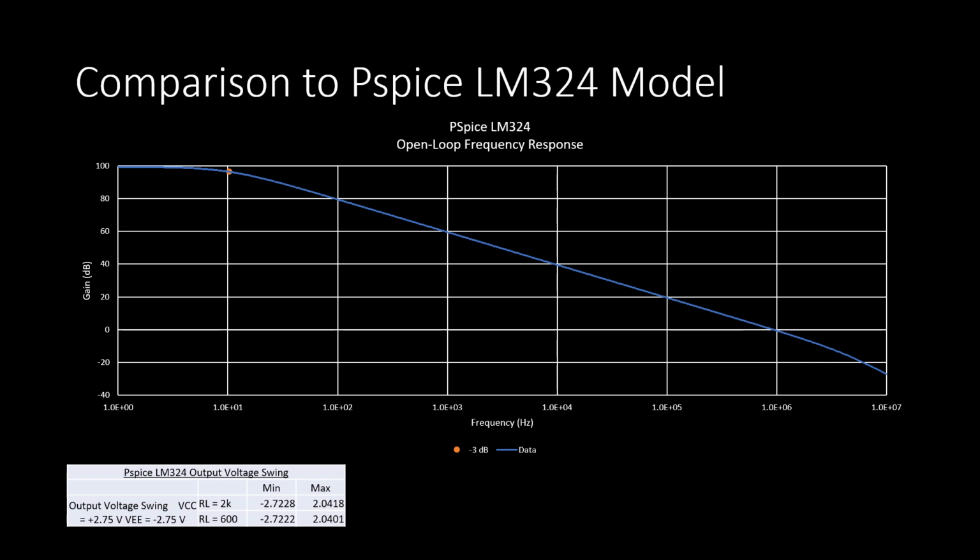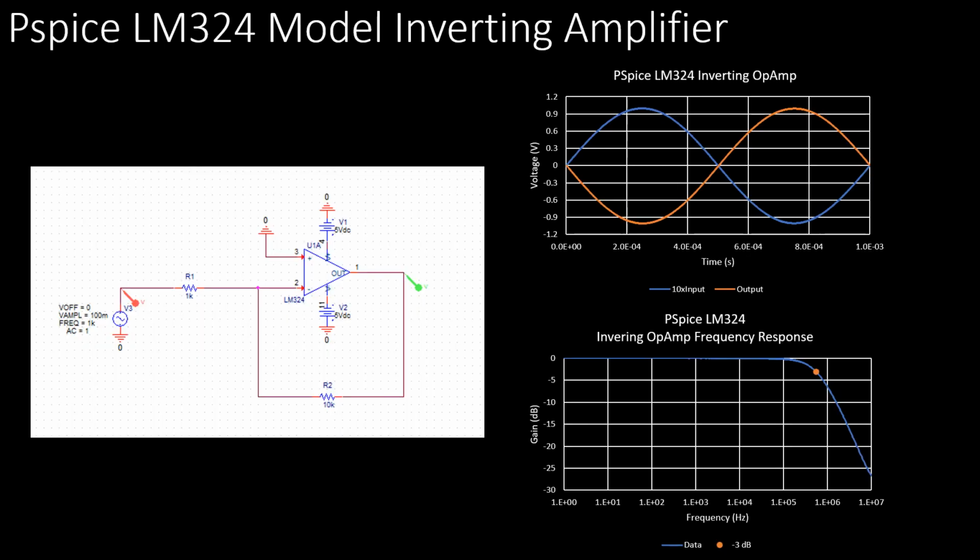Also compared in the bottom left was the output voltage swing. Oddly, the max output voltage swing did not reach the positive supply. Overall, the model that was simulated with transistors performed better in both these regards.